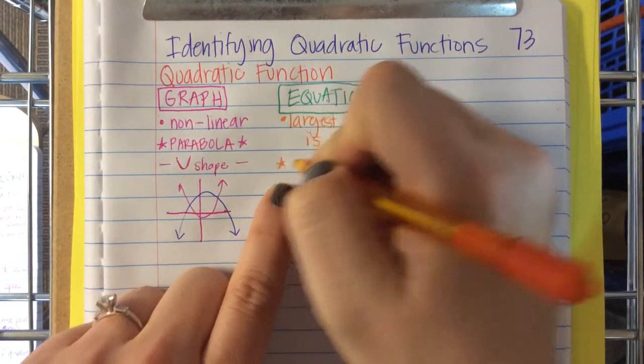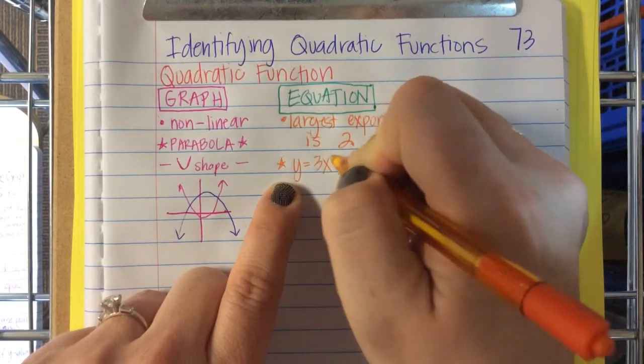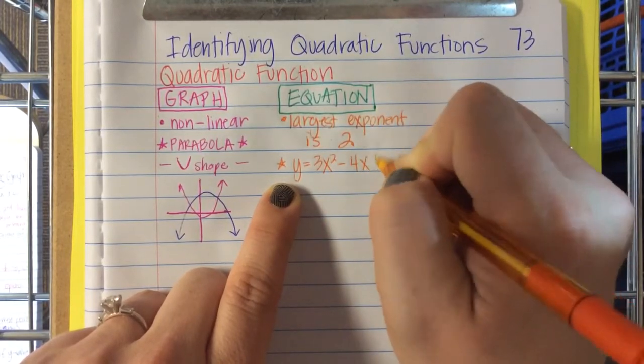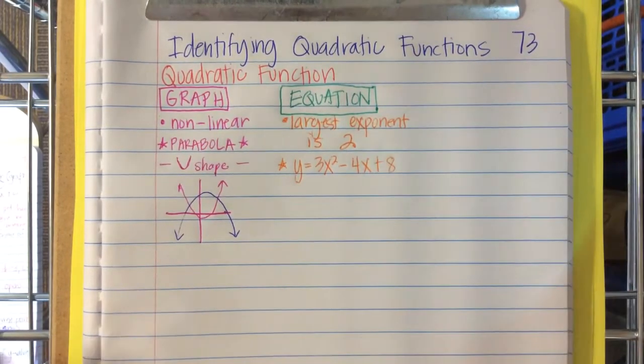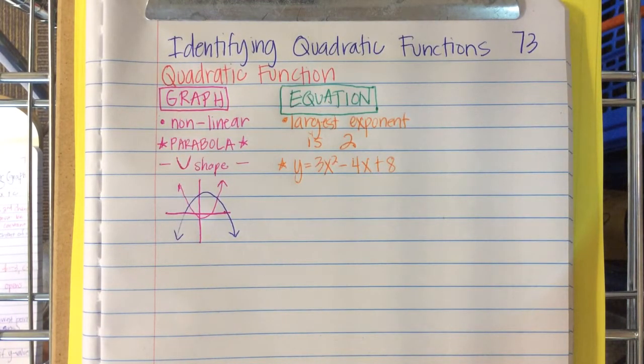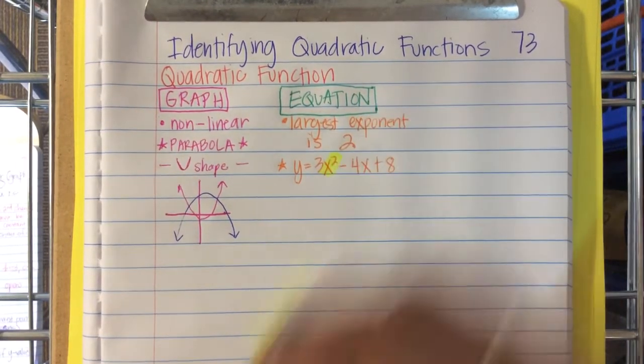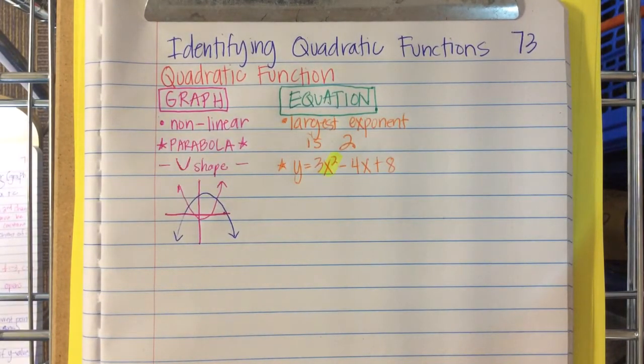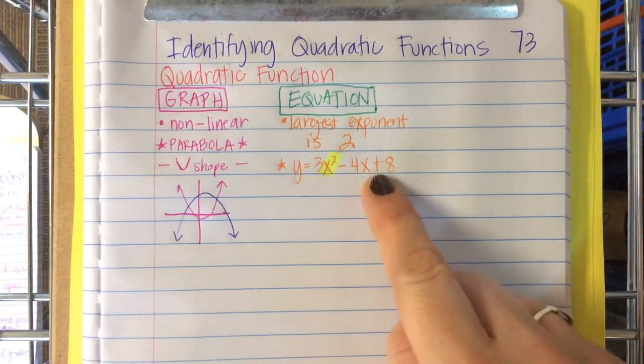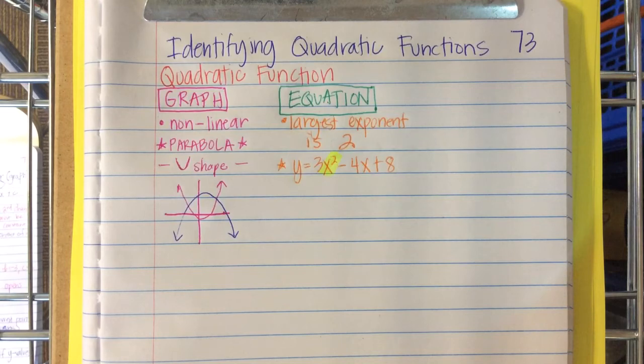For example, y equals 3x squared minus 4x plus 8. Is that equation quadratic? Yes. And I know it's quadratic because the biggest exponent in the problem is 2, x squared. In fact, you guys, this is called standard form.